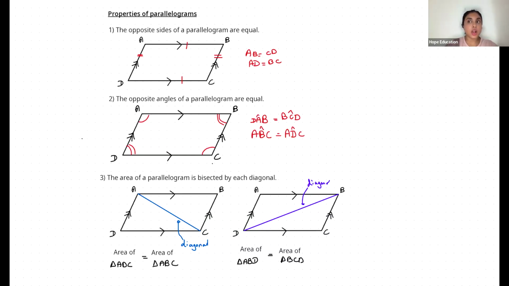So, based on that, let's try a question. This is just basically trying to get an idea only. Later we will learn theorems. So let's straight away jump to a question.